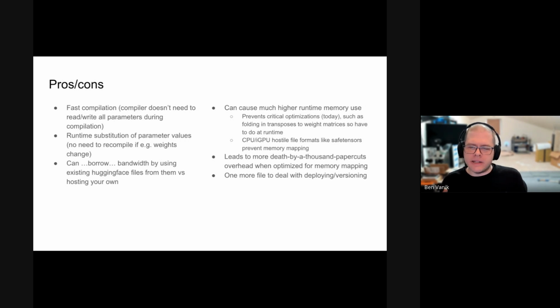Compared to wiring 10 gigs of memory to transpose something, that is not too bad, but it is a kind of additional overhead to the system, and depending on your model size and your latency requirements, it can matter. And then you also just have to be aware, once you end up in these more complex deployment scenarios, you're now handling multiple files, and it becomes a little bit trickier to version that, but that comes along with the territory.